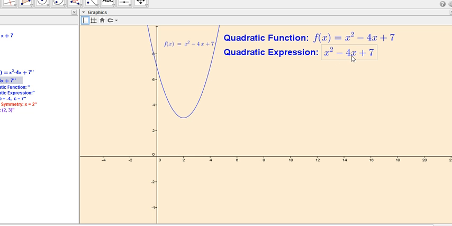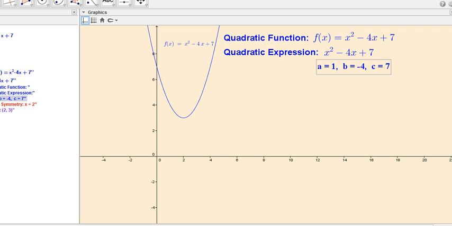We found that a equals 1, b equals negative 4, and c equals 7. We just look at the coefficients on the x squared, the x, and the constant term. You can have a quadratic function where b is equal to 0 and c is equal to 0. We just can't have a equal to 0, because then it's not a quadratic function.